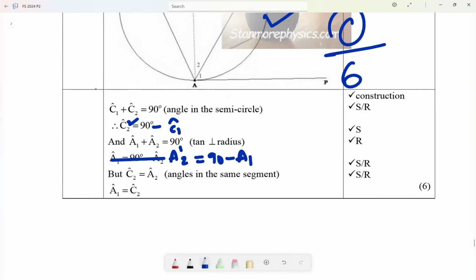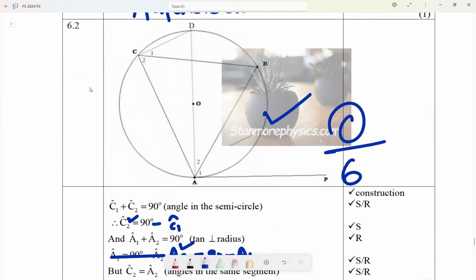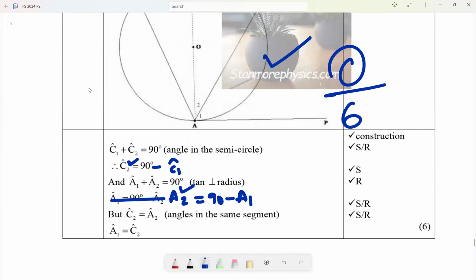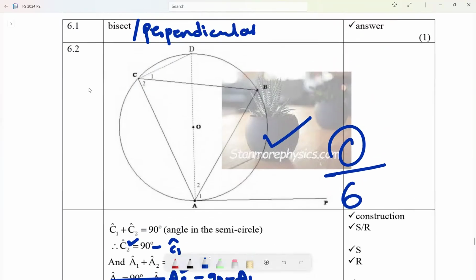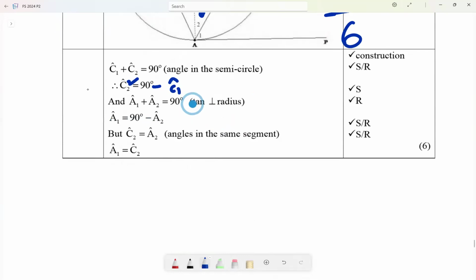Then if this one and that one are equal, C2 and A2, no, not C2 and A2, C1 and A2. Okay, this one is correct. Just that here it is C1 and A2.